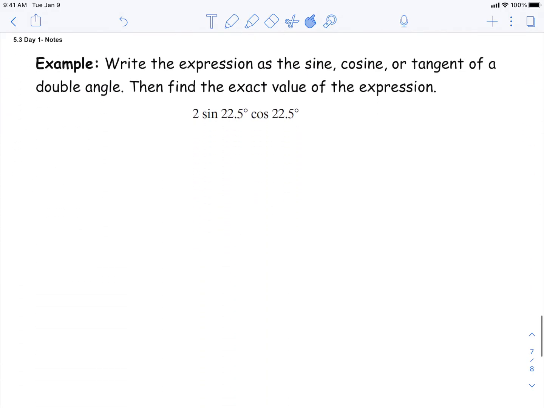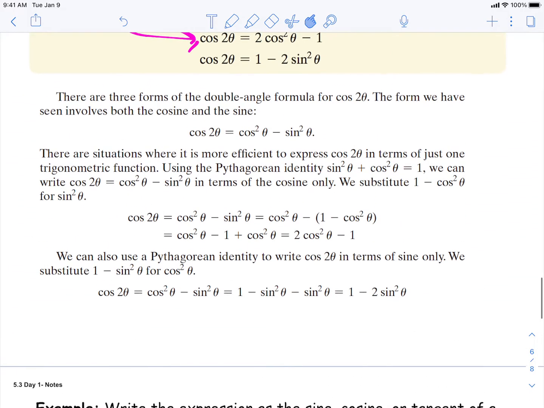So here's an example. Write the expression as a sine, cosine, or tangent of a double angle. So we need to watch the pattern. So we have 2 times the sine of an angle times the cosine of an angle. We have to find the appropriate formula.